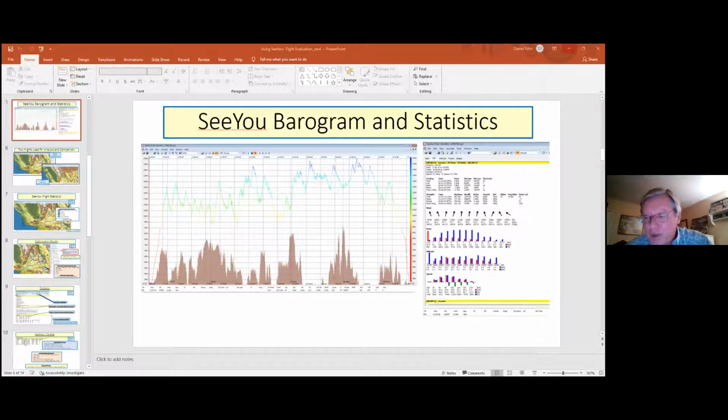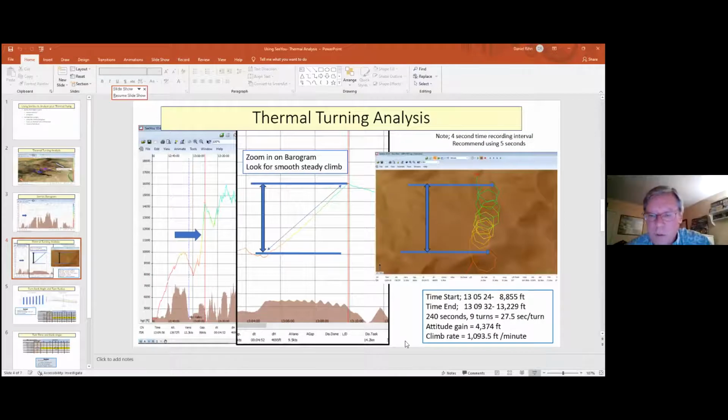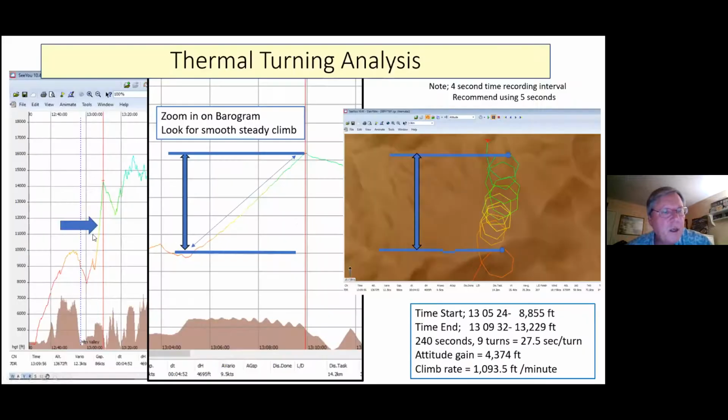This is the part that I took out of this briefing because I thought it was getting too long. It turned out the briefing went a lot faster. If you look at a thermal on the left side here, am I sharing this now? No, you have to hit that reshare again. There we go.